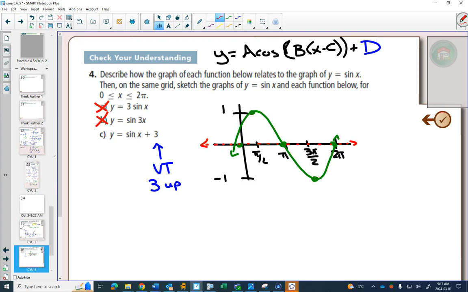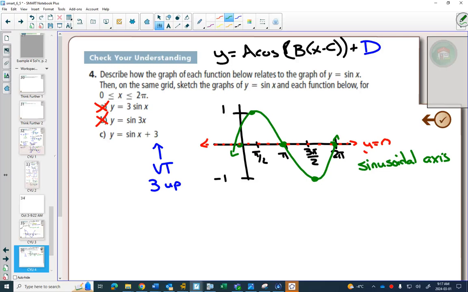So the aid, and the shortcut that's going to come up very nicely with your d value, is that y equals 0 is your sinusoidal axis.